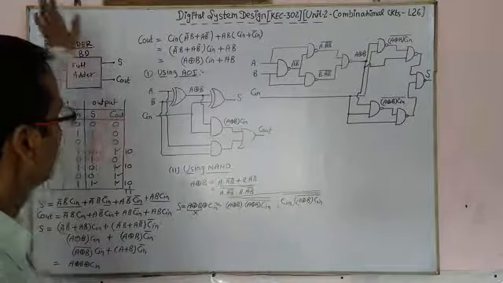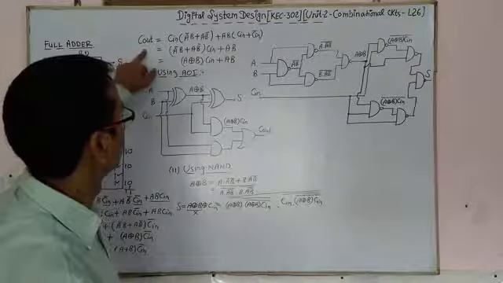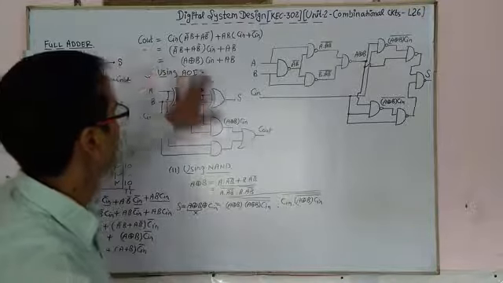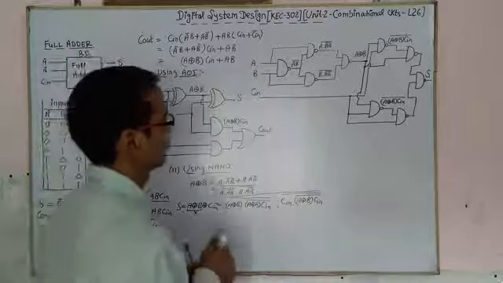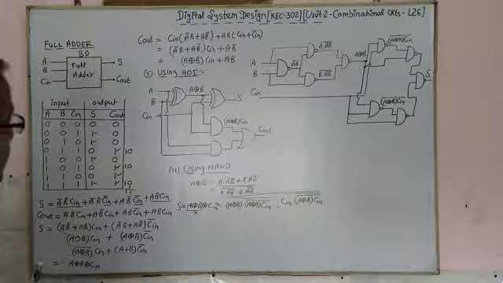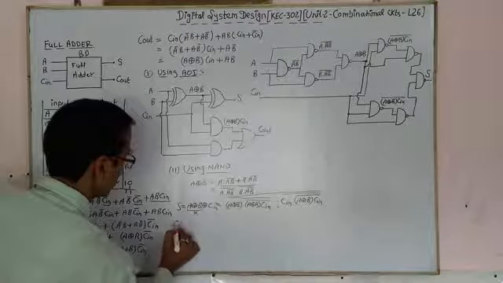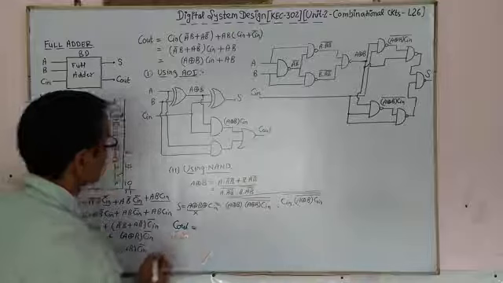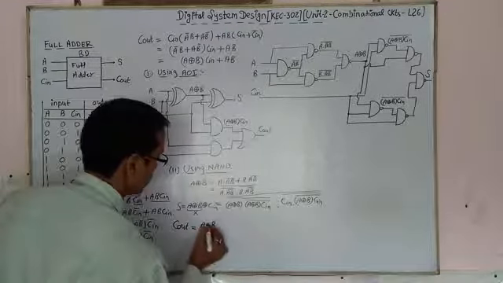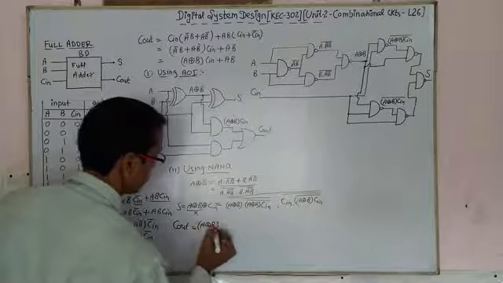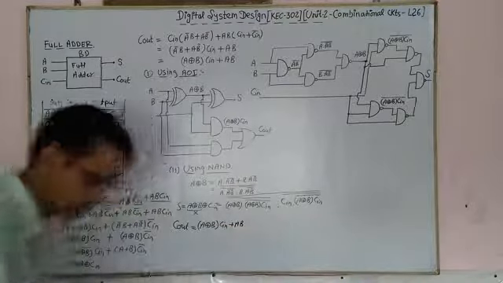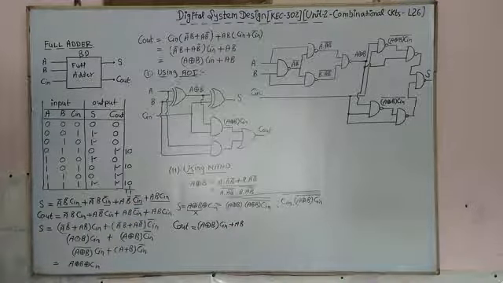Okay, so now we will design this Cout. Cout is A XOR B into Cin plus AB.